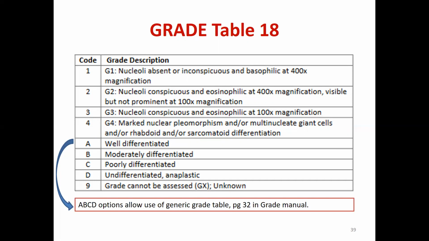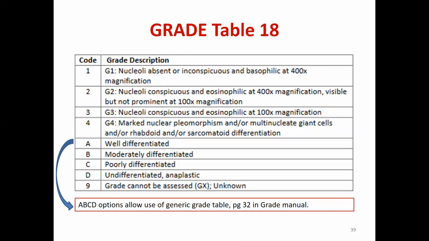But because the A, B, C, D options are in this table, that allows you to go to the grade manual, page 32, and use the generic grade table. For the example that I gave, medium grade or intermediate grade would be translated to a code C.